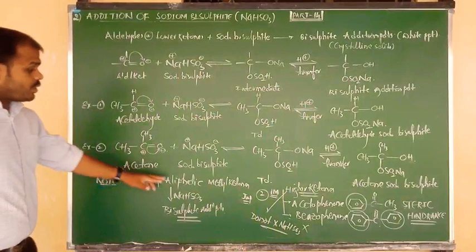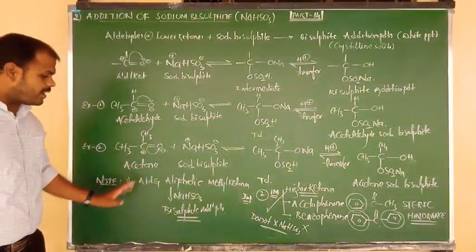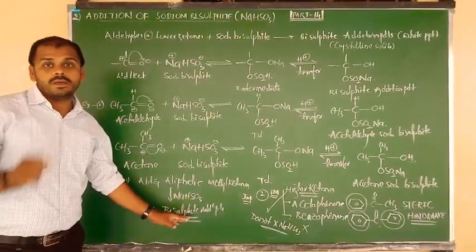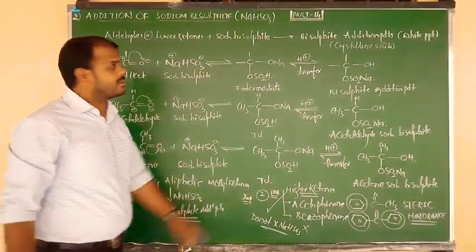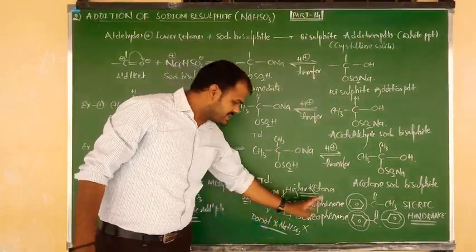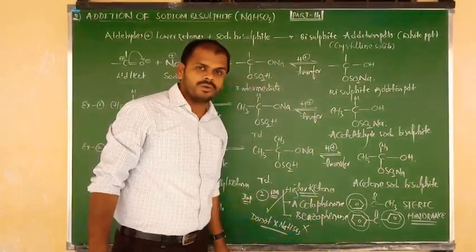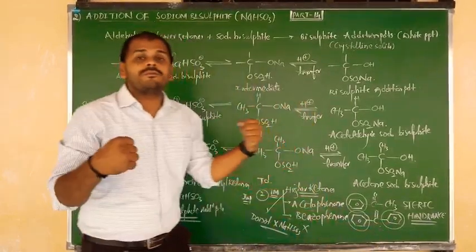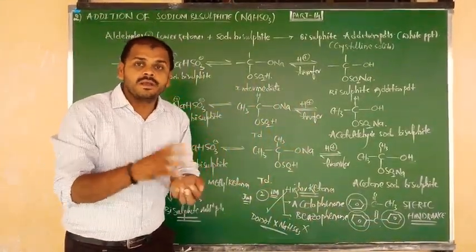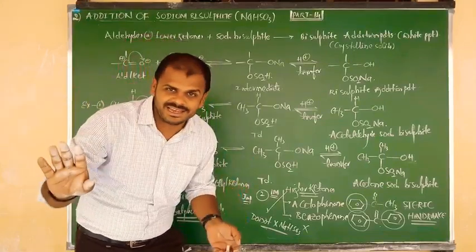So lower aliphatic methyl ketones and all types of aldehydes, upon addition of sodium bisulfite, give the bisulfite addition products. But higher ketones such as acetophenone and benzophenone have bulky, sterically repulsive benzene rings. They cause repulsions, and nucleophilic attack cannot take place easily.